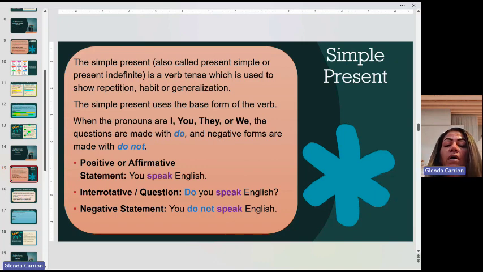When the pronouns are I, you, they, or we, the questions are made with the auxiliary verb do, and the negative forms are made with do not. So, whenever you have an action that is repeated constantly, then it's a habit or something that is true or a generalization, you will use simple present, okay?